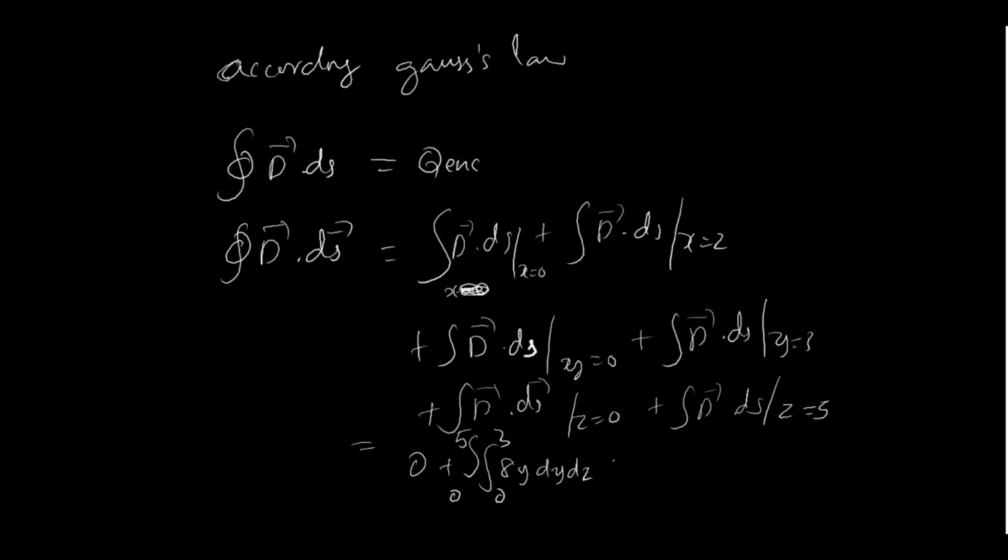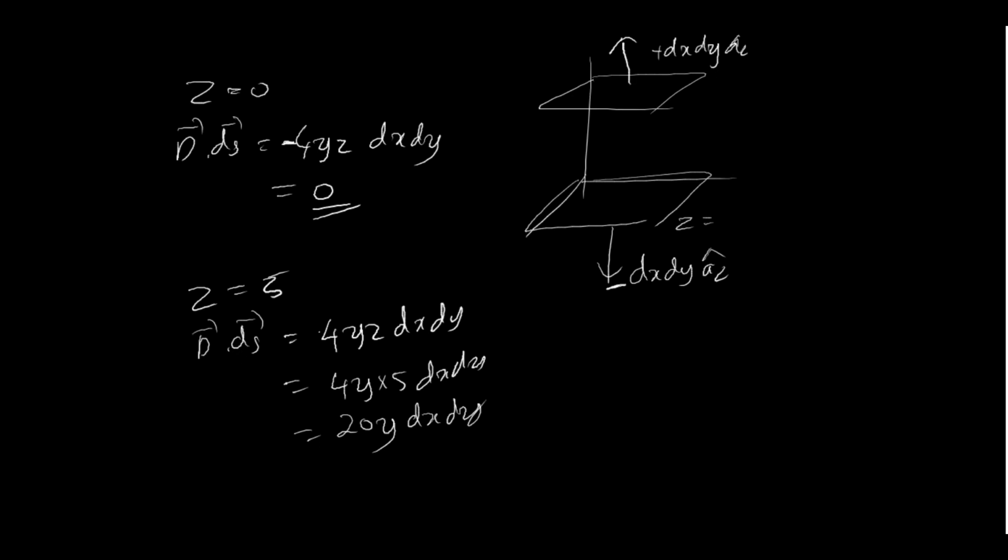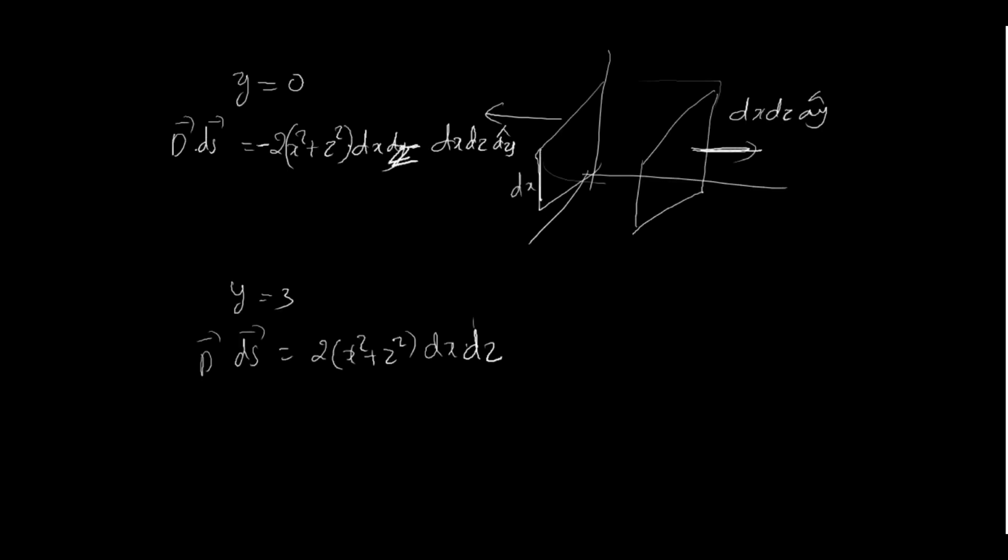Plus next term at y equal to 0: it is minus (2x² plus z²) dx dz. At y equal to 3 it is plus (2x² plus z²) dx dz.